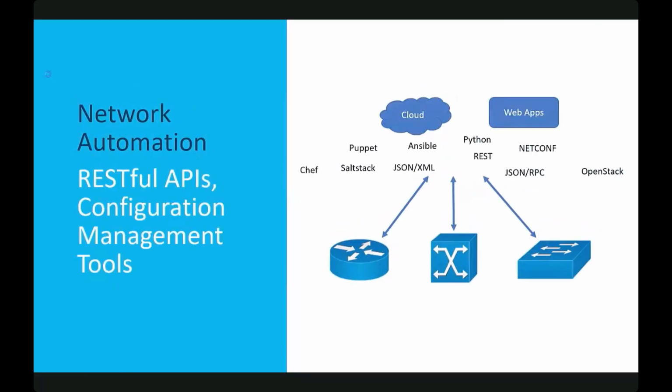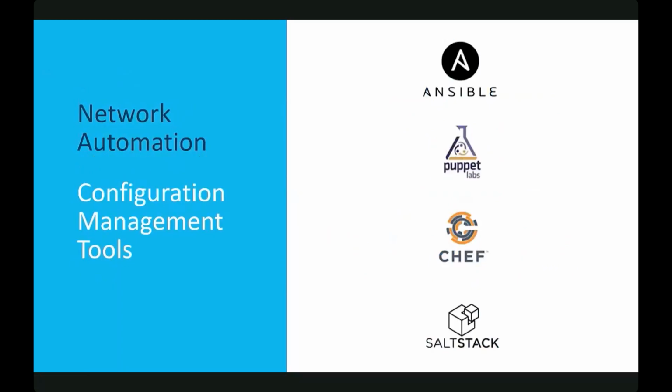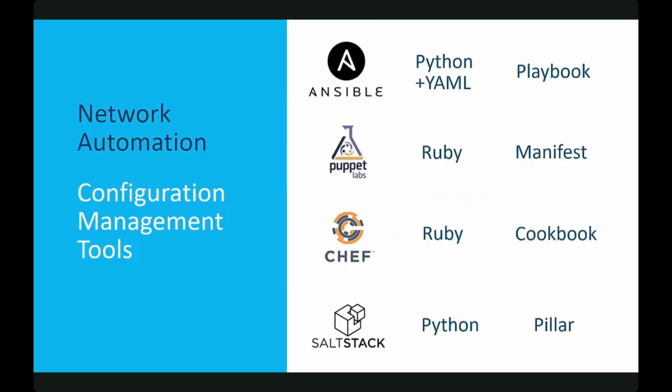Network automation today is developing rapidly thanks to networks moving to the cloud and the advent of virtualization. Today we have RESTful APIs and configuration management tools that can help to automate network configuration and other network tasks. Configuration management tools like Ansible, Puppet, Chef, and SaltStack typically use Python or Ruby.